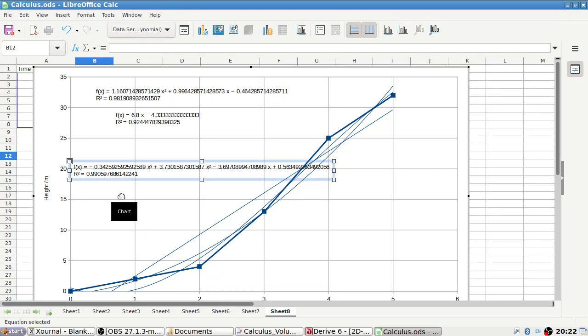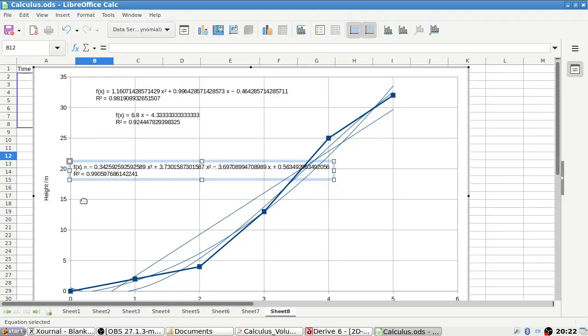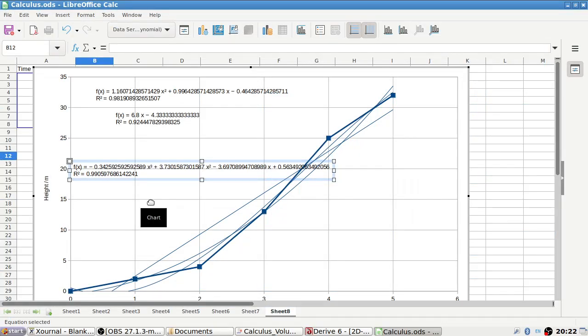That's interesting. So my cubic I found and their cubic given doesn't match. So I think the cubic, as I originally thought, is the best fit.